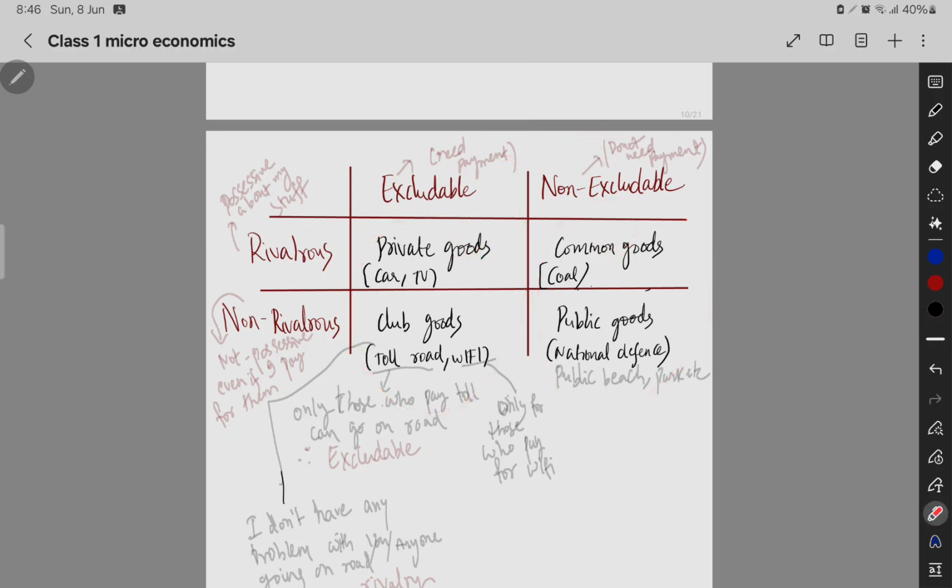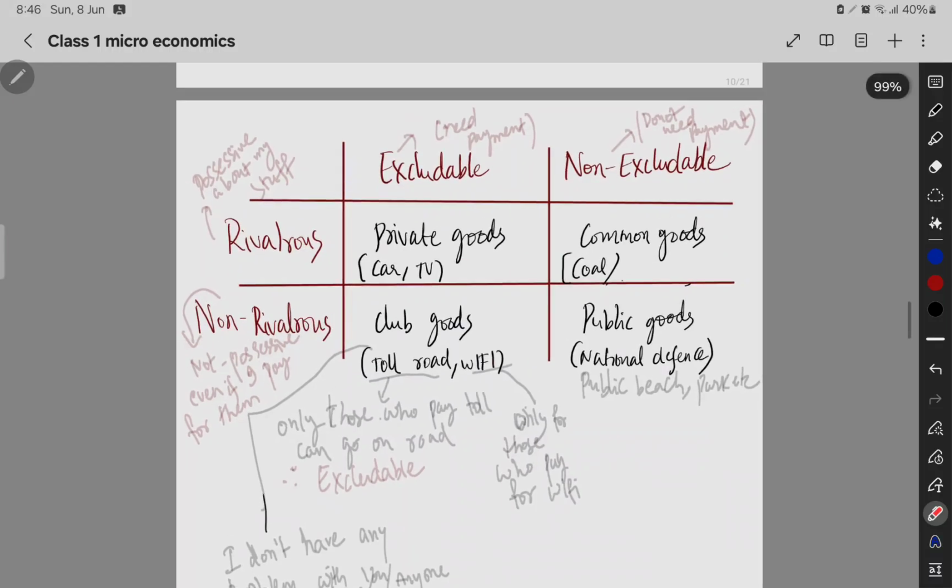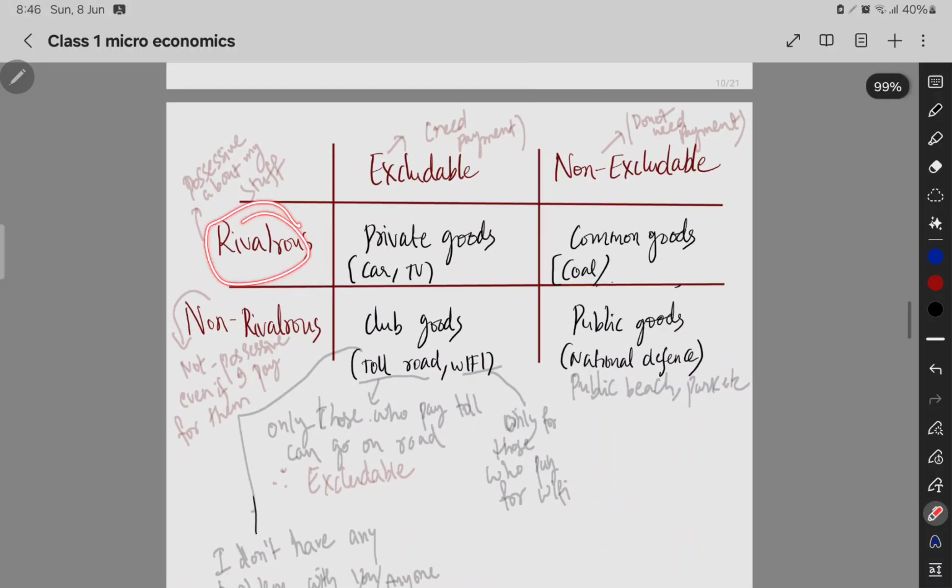Do not confuse. Now let us see rivalrous and non-rivalrous. Rivalrous means possessive about stuff. Non-rival means non-possessive. That's all. For example, a car. This is my car. You cannot own my car because that is mine.